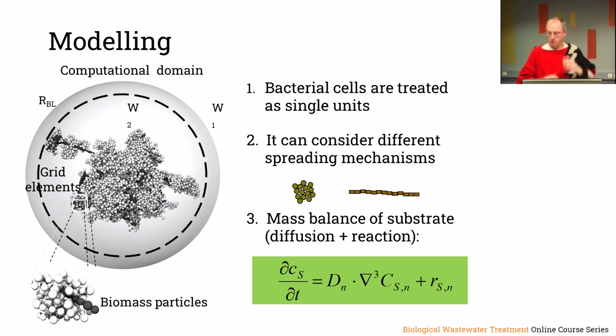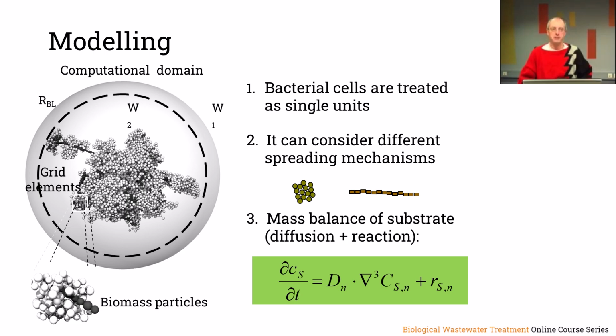And just to show a little bit what's feasible in modeling nowadays, this is an example of a model which is very similar to a biofilm model, where we treat bacteria as individual organisms. We describe each bacterium individually, and we can have two different types of bacteria, one which makes flocs and one which makes filaments. As soon as you make models, you realize what the real difference is.